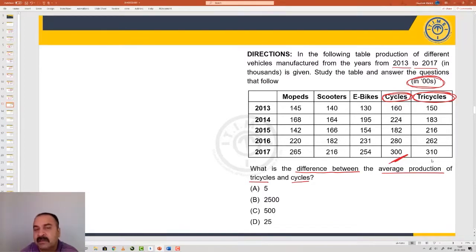So we'll look at the entire data, this entire time period of 2013 to 2017. And we'll do a total of this tricycle production in the entire period. For an average, as we have learned, we will divide the total by the number of values that we have. And this is data for 5 years. So we'll do a total and divide by 5. And that particular difference is the difference between the averages.